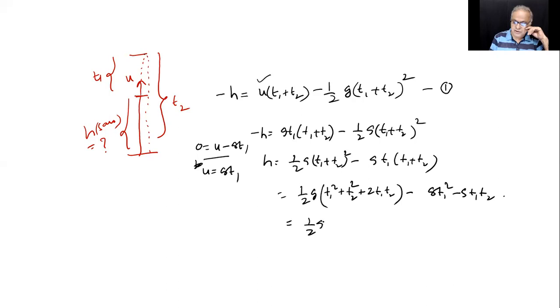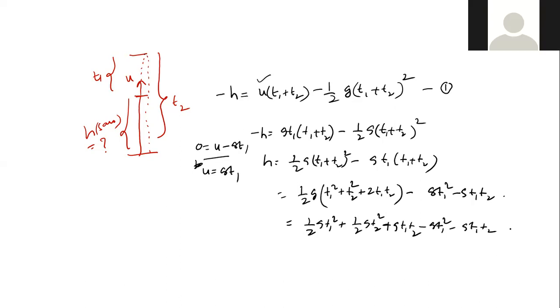So half GT1 square plus half GT2 square plus GT1 T2 minus GT1 square minus GT1 T2. Did I do it properly? Half GT1 square, half GT2 square, GT1 T2, minus GT1 square, minus GT1 T2. Is it okay? Yes. Right.